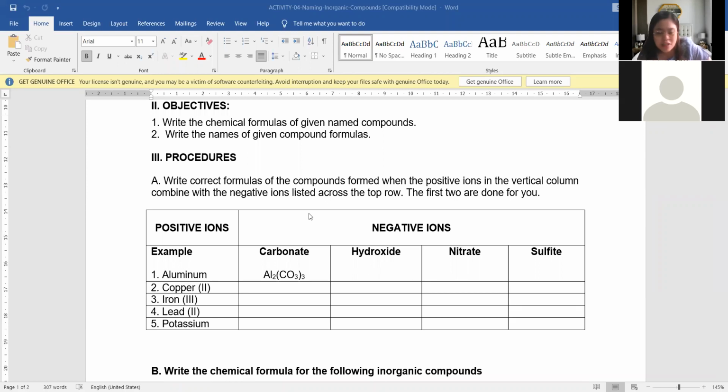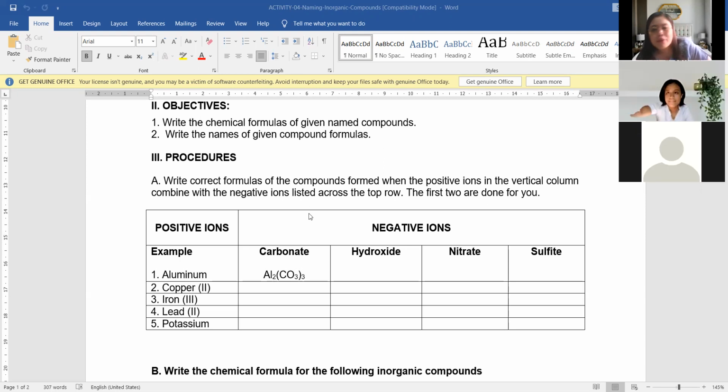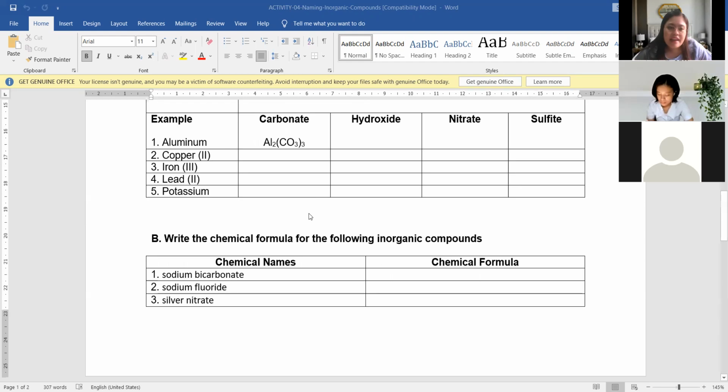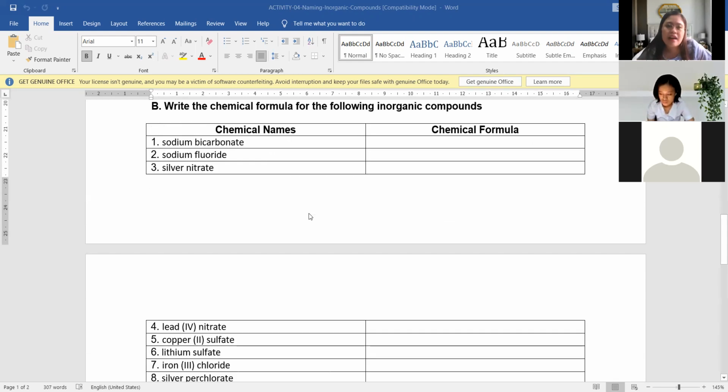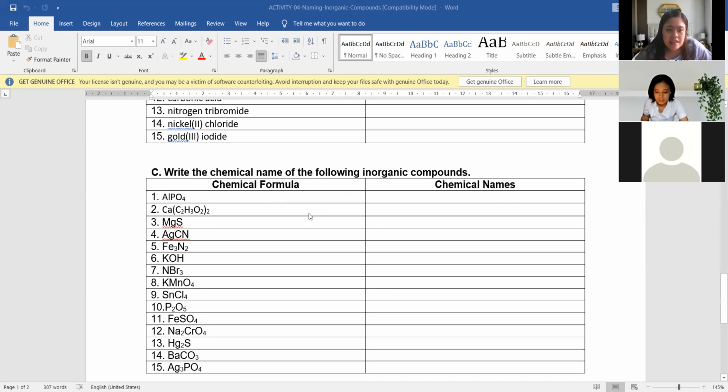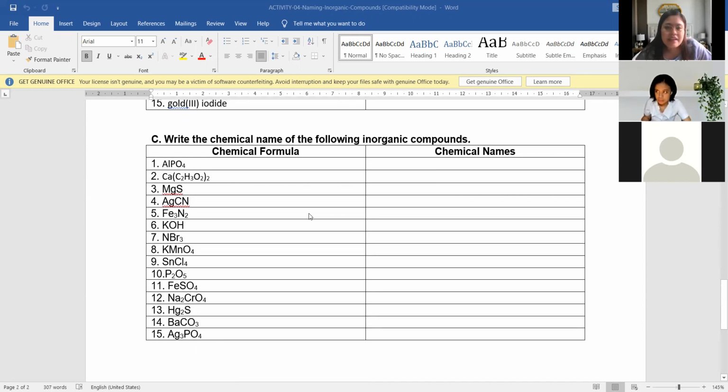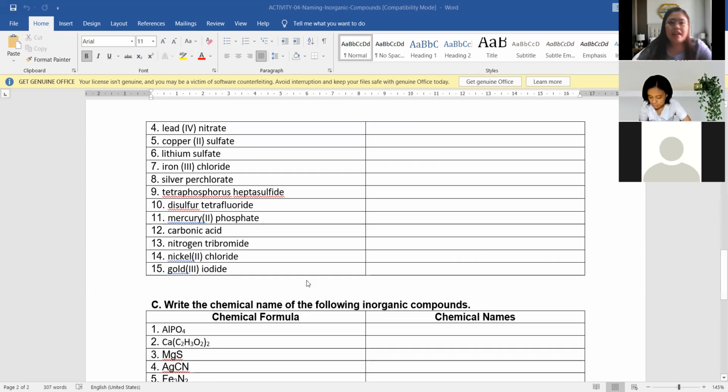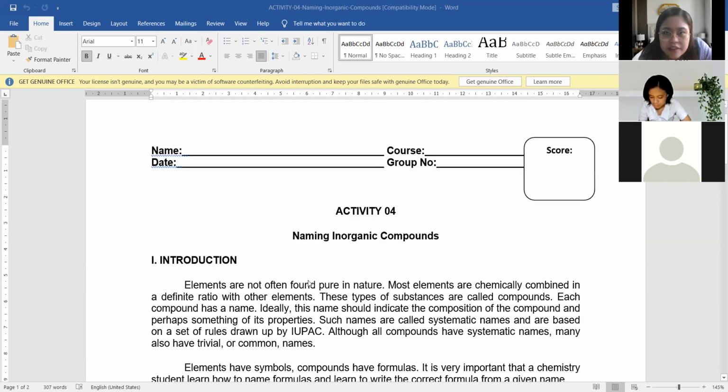So the first one is actually done for you, but I will do another one later for your reference. And how are we going to do that? And then for the second part, this is still actually writing the chemical formula for the inorganic compounds. And lastly, here you will be writing their chemical name. So we have here given na mga chemical formula, and then you will be writing the name. Okay? So let us start.